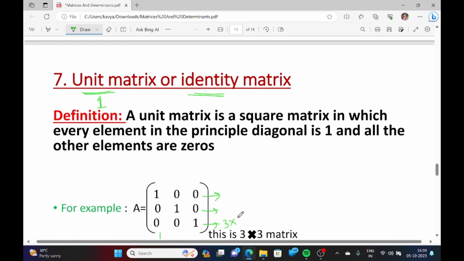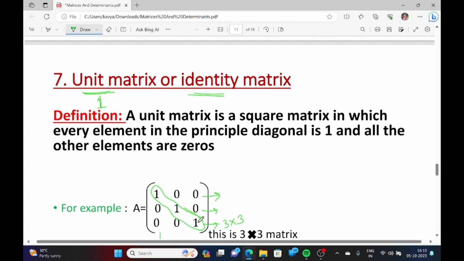That is a 3 cross 3 matrix. It is a square matrix in which every element in the principal diagonal is 1. This is the principal diagonal. All the elements are equal to 1. So it is called the unit matrix.